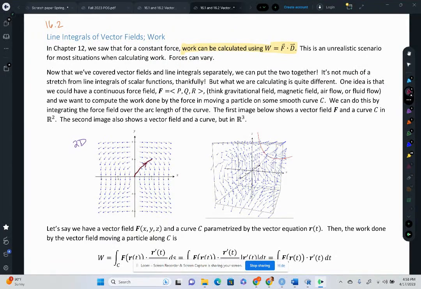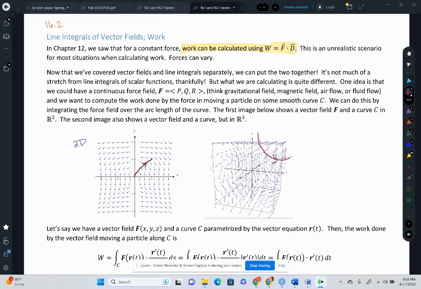And then in 3D, although it's really painful to see it, we have another vector field and we have another force vector. The force vector could be many different things, and the field itself could be many different things. So we could think of the vector field as being a gravitational field, a magnetic field, airflow, or fluid flow.